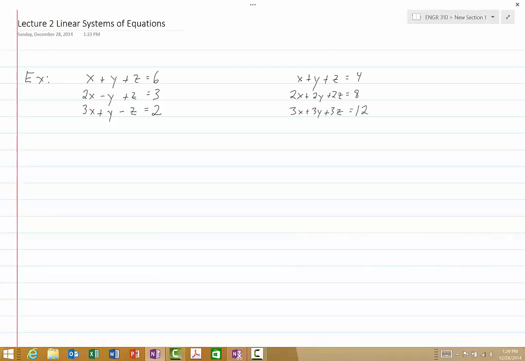Well, that's 3 equations and 3 unknowns, but you can't solve that for x, y, and z because those are not 3 independent equations.